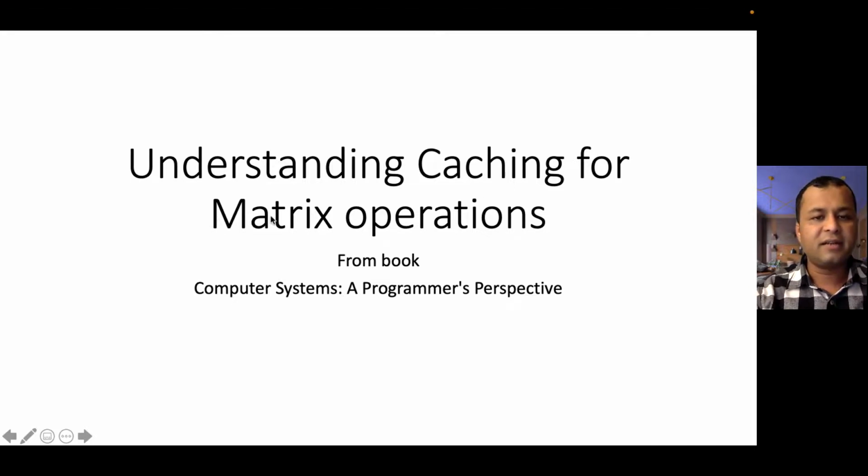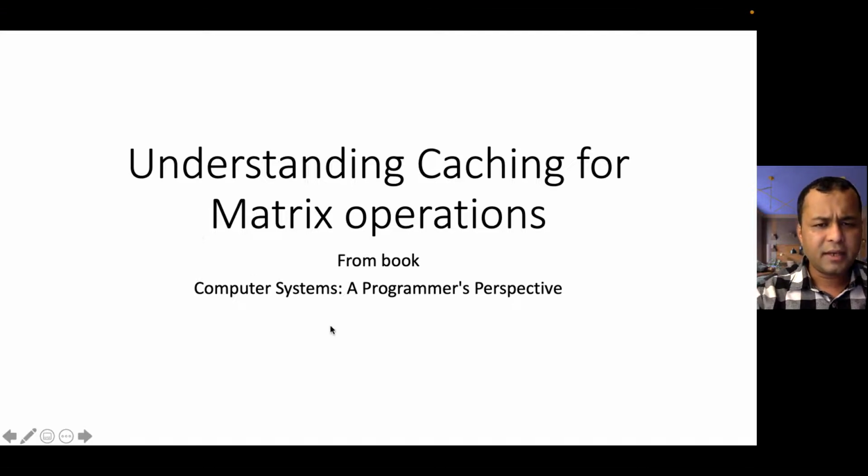Let's say the data is a two-dimensional matrix, and we will see some programs and look at the memory access pattern, how it is being accessed and what its impact is on performance. To relate it with the older slide, this is related to stride. So just remember stride would be useful here.